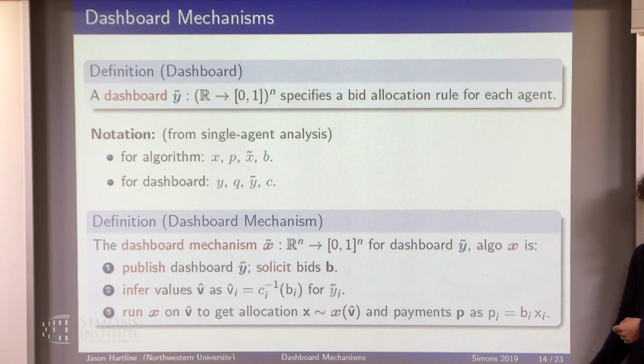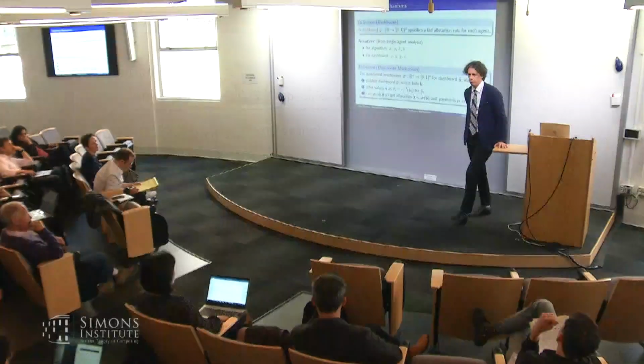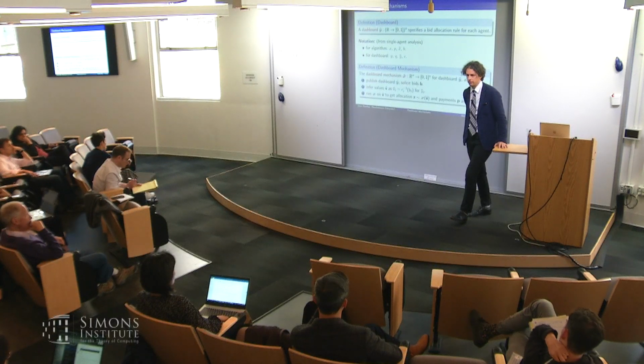So does the agent know that the algorithm and the dashboard might be different? It's going to be readily apparent when they bid something and they get something else. But sure. I'm going to prove a result that says that following the dashboard is approximately strategically equivalent to bidding truthfully in a truthful mechanism.